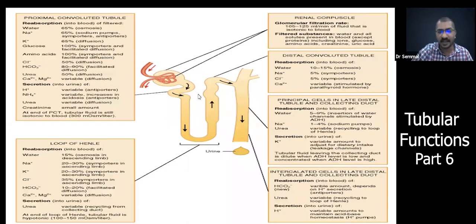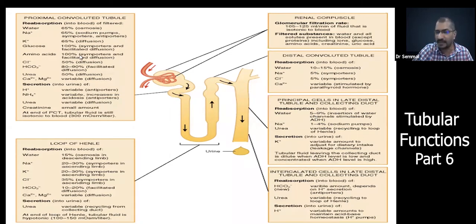Now what happens? 125 ml per minute, 180 liters per day is crossing here, and then it goes through the various parts. In the proximal convoluted tubule, 65% is reabsorbed, and then it comes to the loop of Henle, where 15% of water is reabsorbed, then to the distal convoluted tubule, where 10% is reabsorbed, and then to the collecting tubule, where 5 to 9% is reabsorbed.